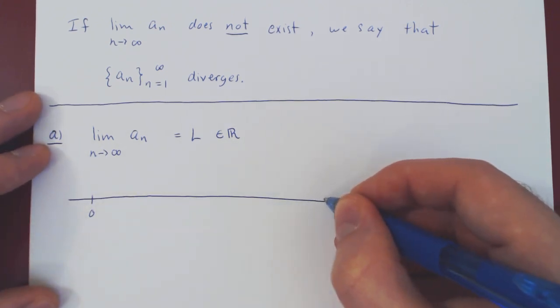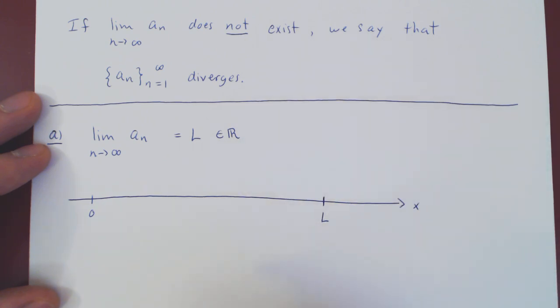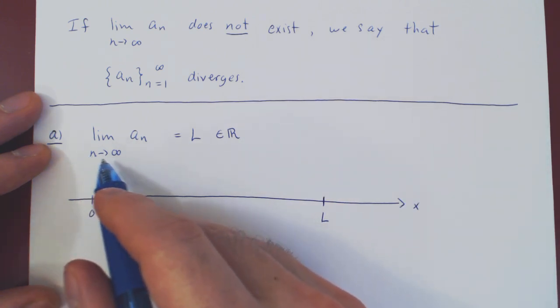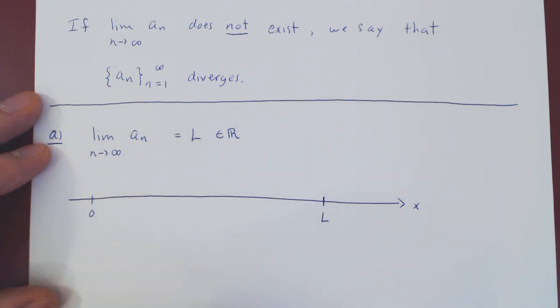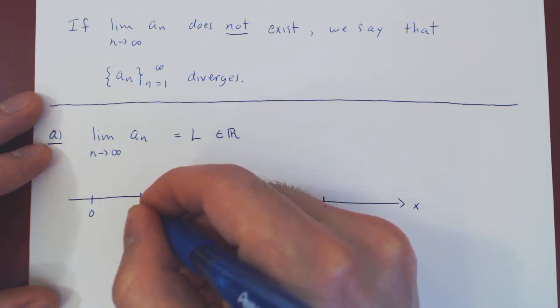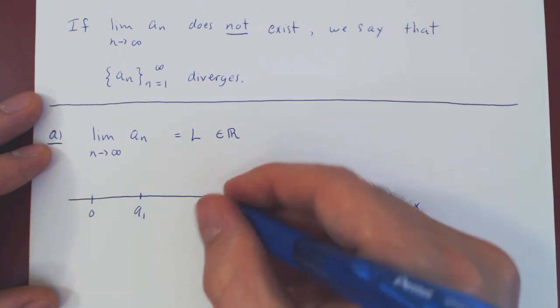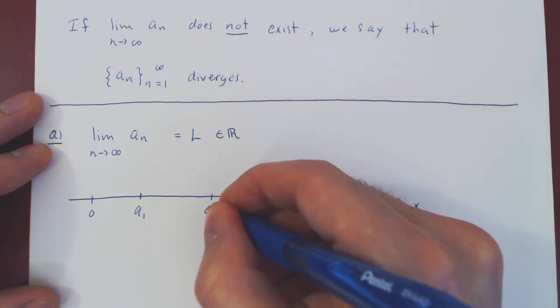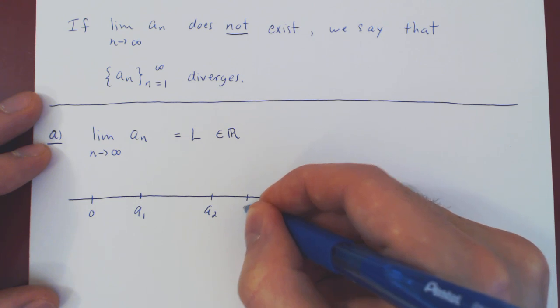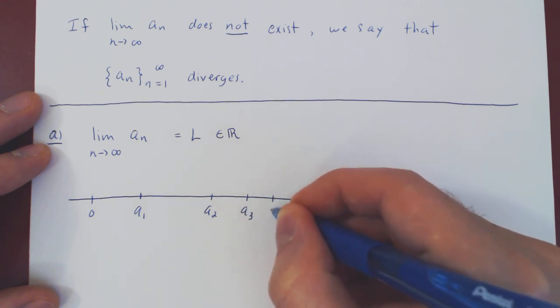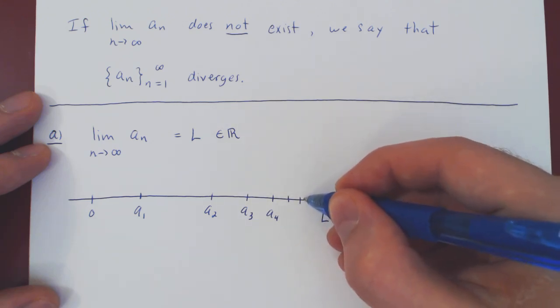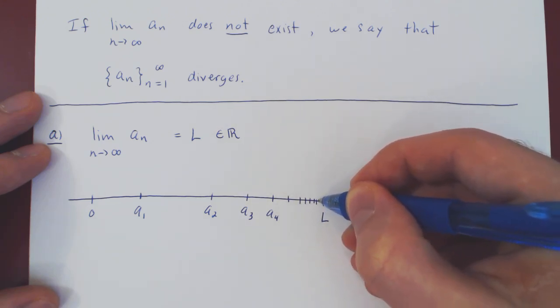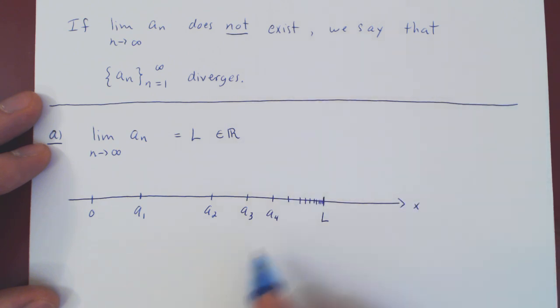Imagine that L is here, and now we're saying, okay, as n gets bigger, the terms of our sequence are getting closer and closer to L. So you could have a1 here, then a2 could be here, then a3, a4, a5, a6, a7, and so forth.